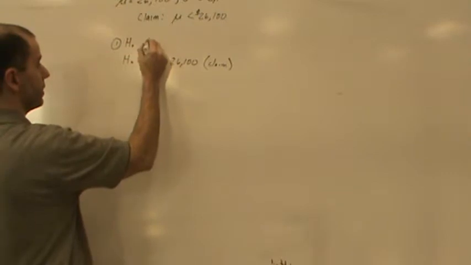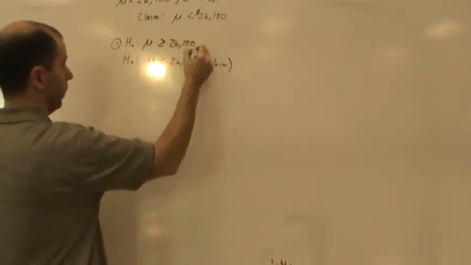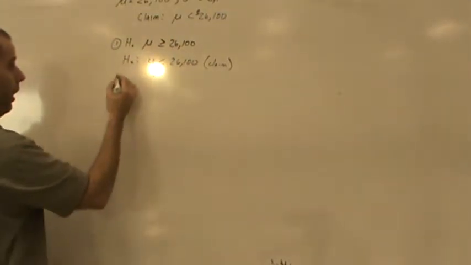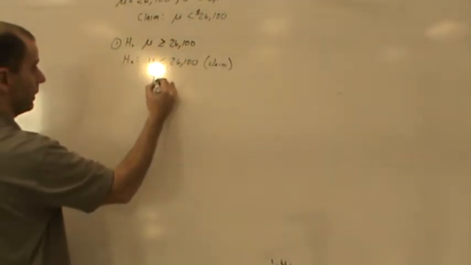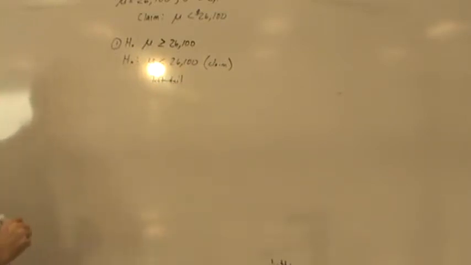And the null has to be then mu is greater than or equal to $26,100. And in this case here, it's going to be a left tail test, okay?